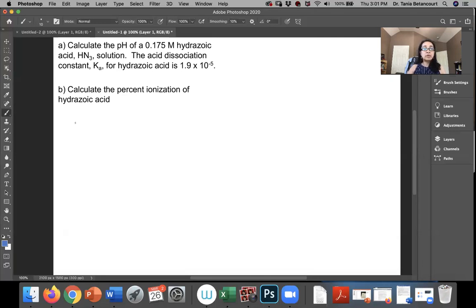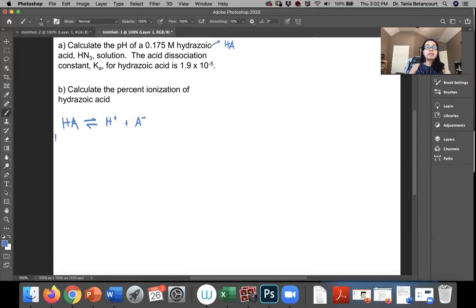In this case, we're going to call our hydrazoic acid just HA. That just represents a weak acid with one hydrogen ion that we are donating. I have HA, which is going to partially dissociate, indicated by the double-sided arrow, into H+ and the respective A- anion.